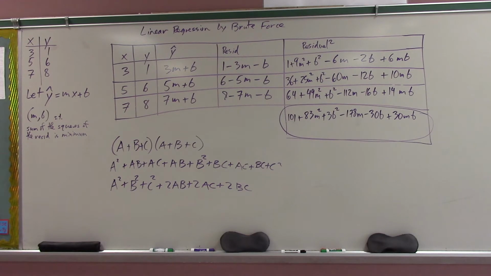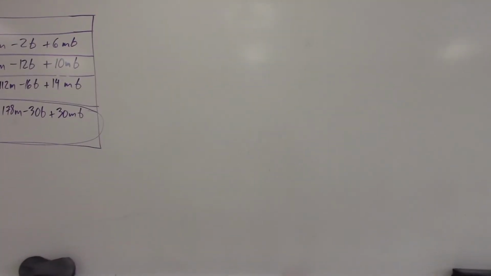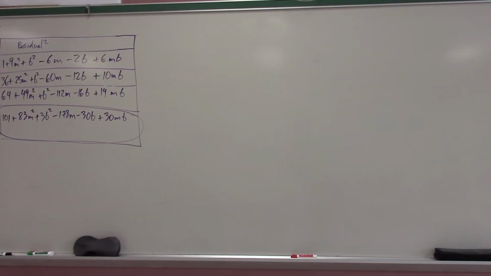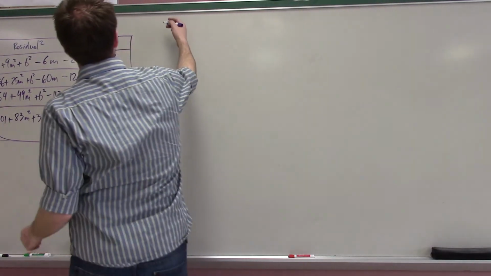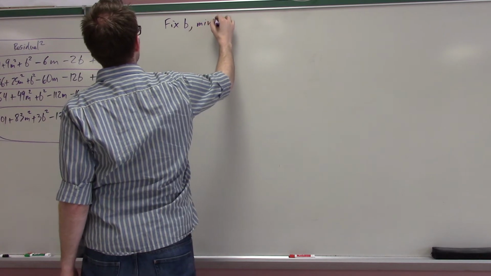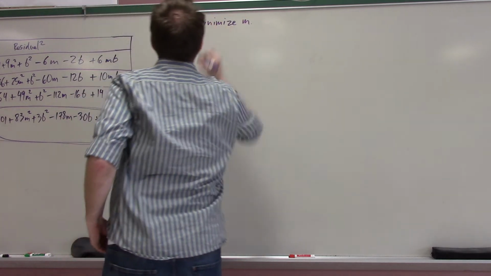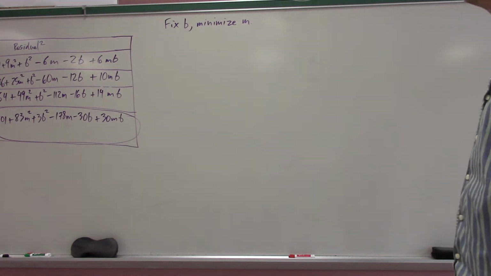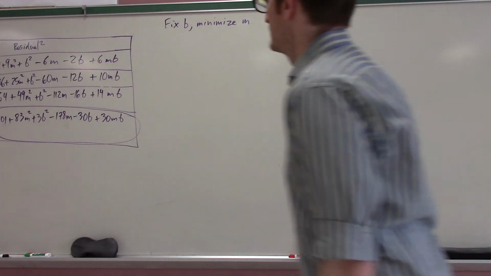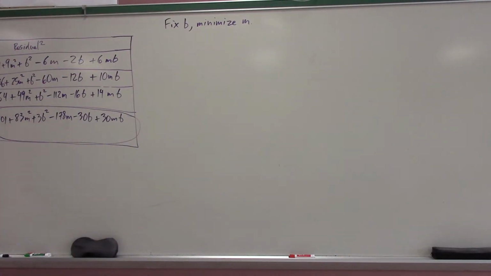Okay, which should we do first? Well, first let's find the minimum m for a given b. So what we're going to do is we fix b and minimize m. If b is a constant, let's rewrite this expression so that it is quadratic in m.